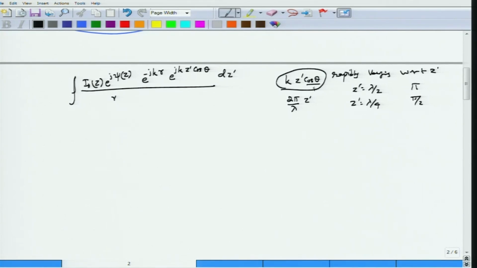So, we just leave everything as it is, and I know that e power minus j k r, which corresponds to the propagation delay converted into the phase part, is not a function of z.